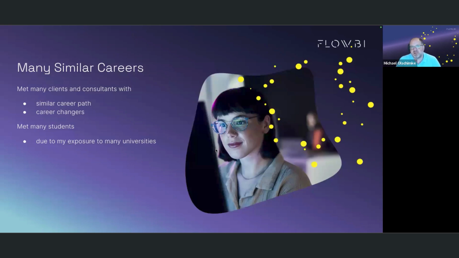Now, we have many similar careers to mine. I've met a lot of clients, a lot of consultants with a similar career path to mine, but also with career changes, right? It's also great because we work in industry as data specialists or data analytics specialists, data scientists, whatever you want to call yourself, where it's even great if you switch your career and bring some knowledge from the client industry with you.